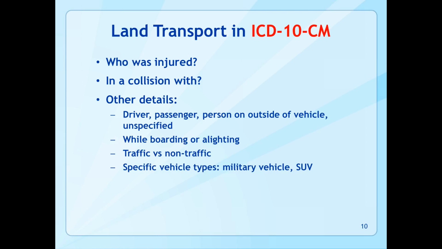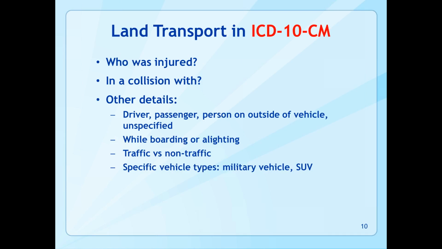And just as a reminder about traffic and non-traffic, a traffic event is one that occurs on a public roadway, while a non-traffic event is one that occurs in some other location other than a public roadway. So something like a parking lot or a driveway or a private road or off-road, that type of location is considered a non-traffic event.